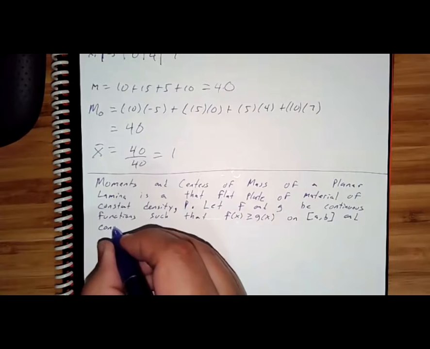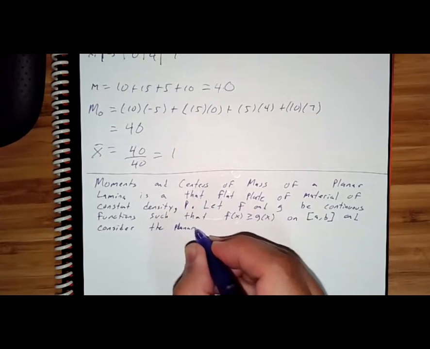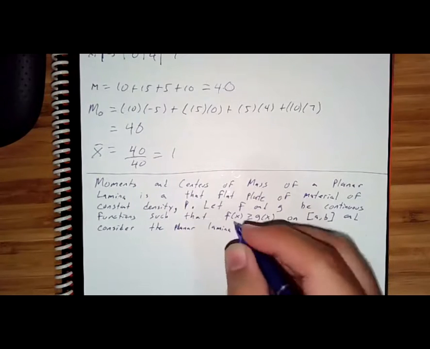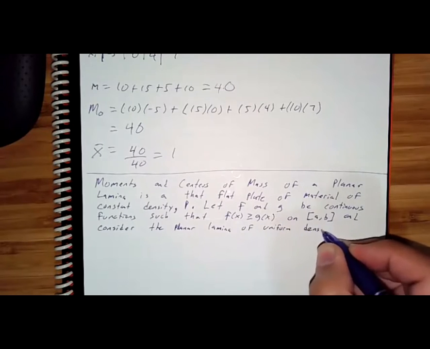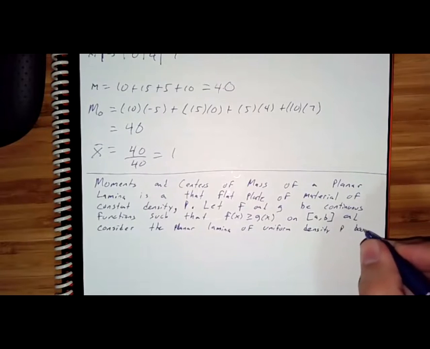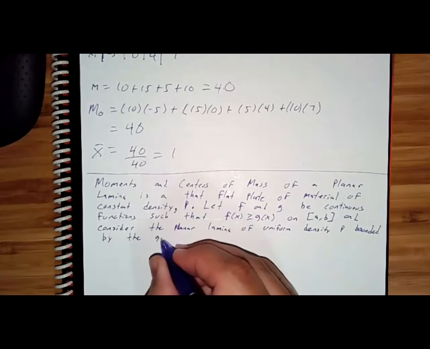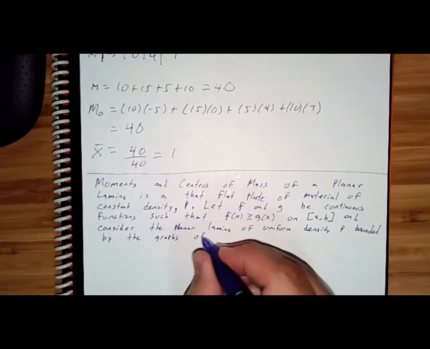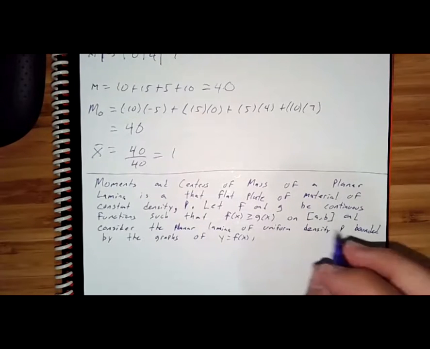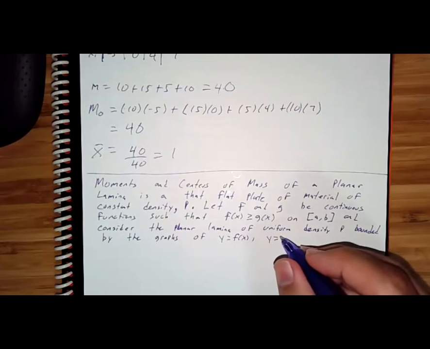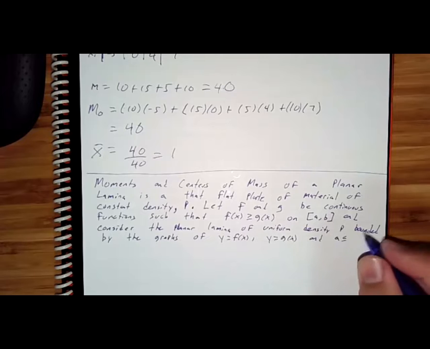And consider the planar lamina of uniform density rho bounded by the graphs of y equal to f of x, y equal to g of x. And let's say that x is between some a and b.